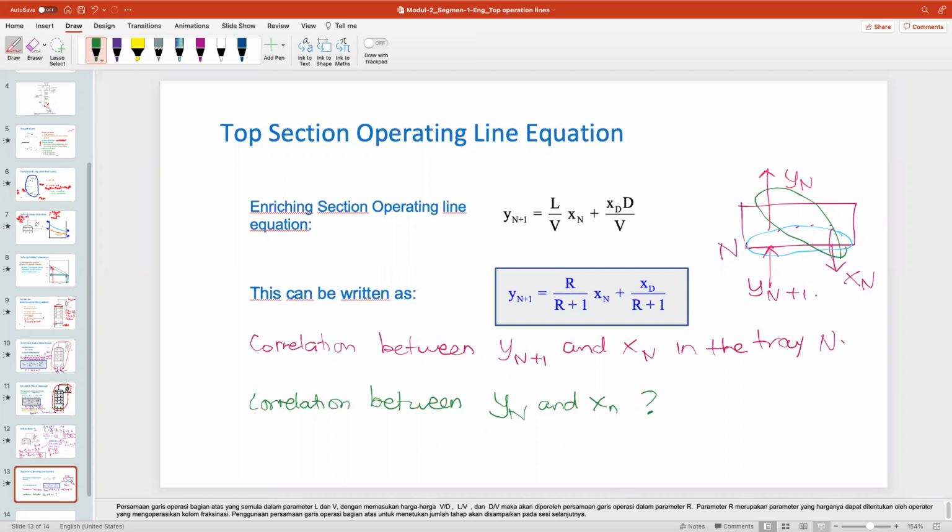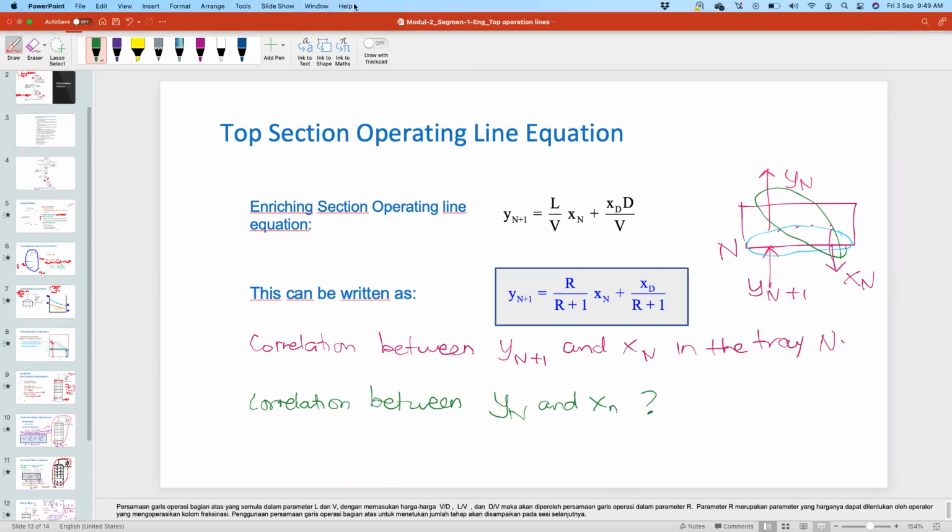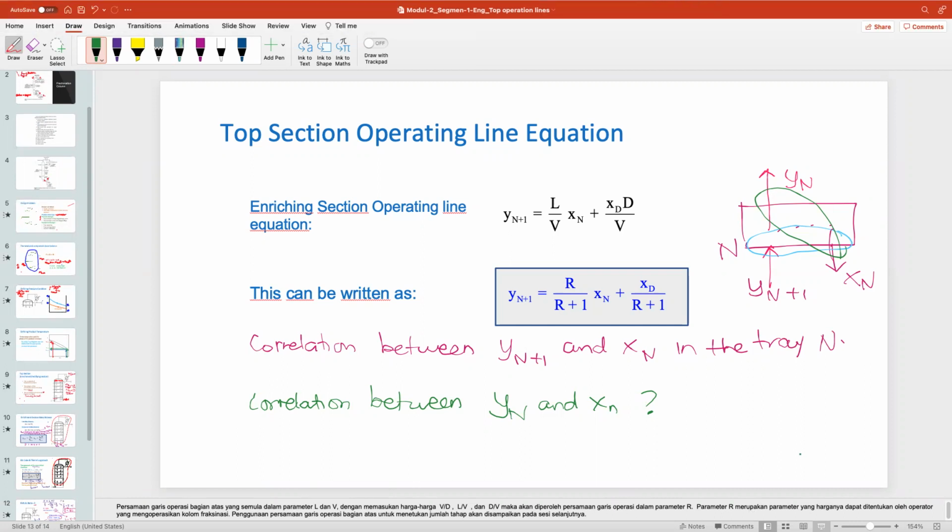Anyone? Let me give a hint. If I'm not mistaken, from the reactor before, in tray n, yn is leaving tray n. However, the liquid xn minus 1 is leaving tray n.